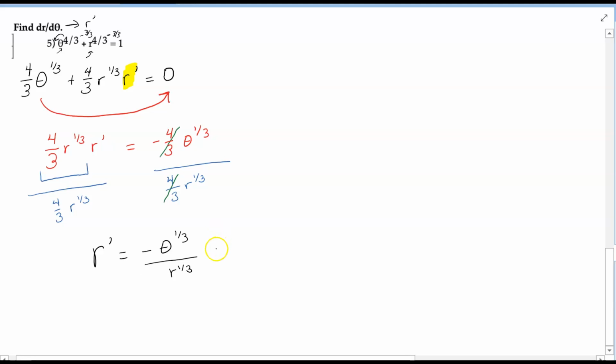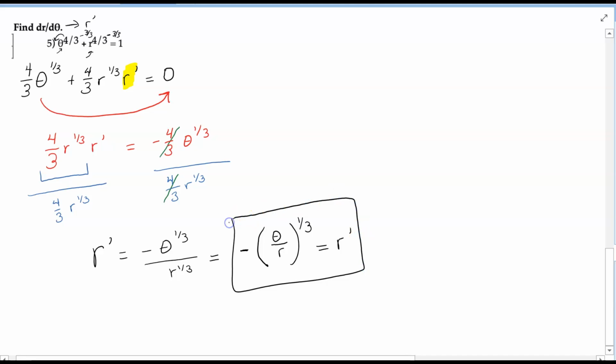Now, since everything is to the 1/3 power and it's all negative, you could factor out the little negative in the front, and then you have theta divided by r all to the 1/3 power. Okay, so just a little bit of algebra techniques there, but nothing to it. I mean, it's basically the same thing. Okay, so that's definitely something that you could do when you're working on a problem like this.